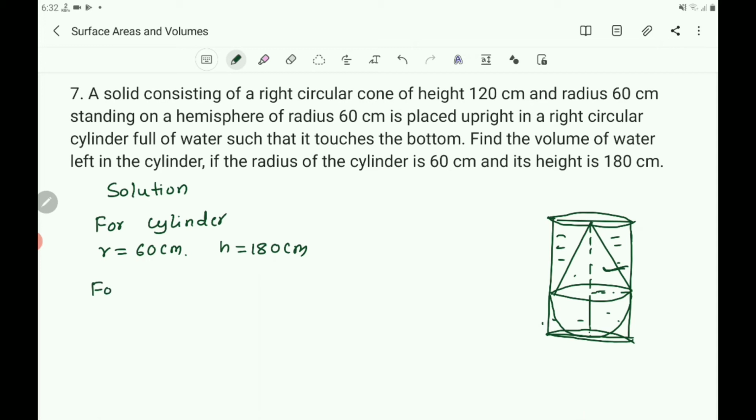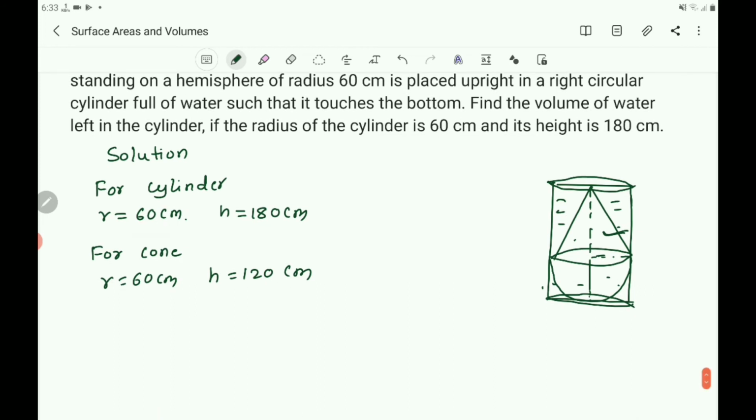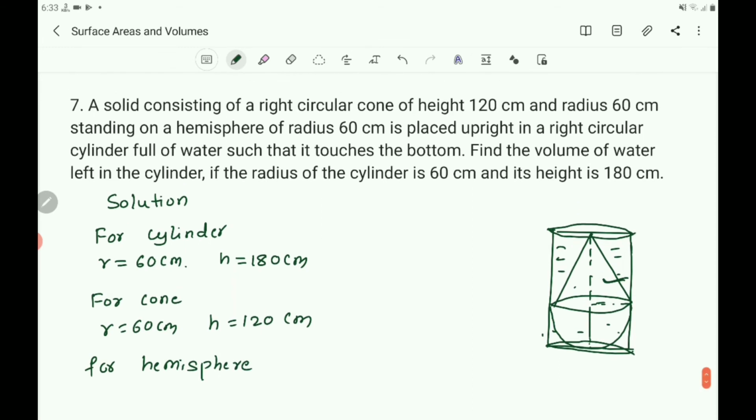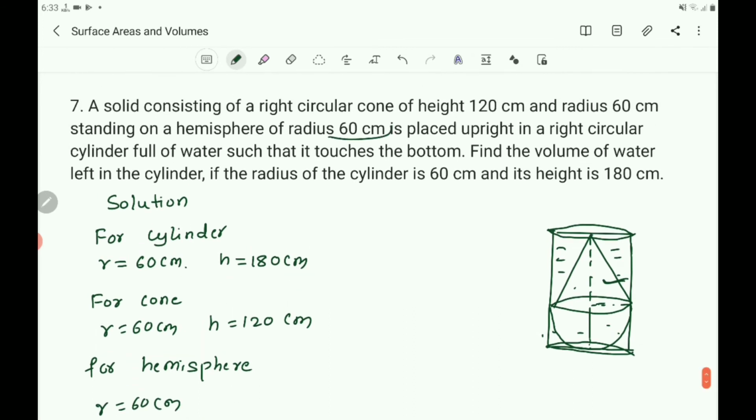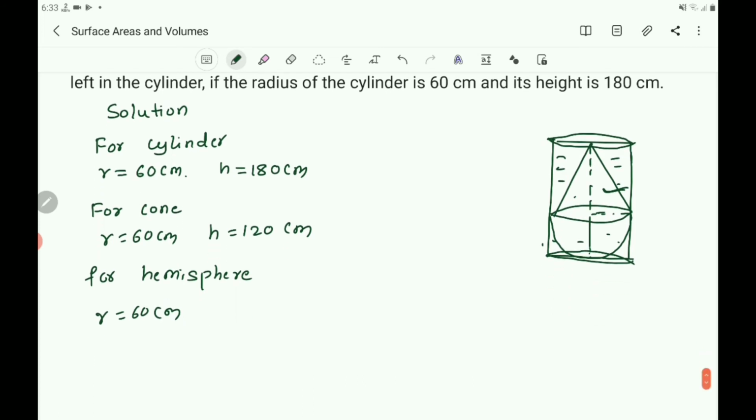And for the cone, R is the same, 60 centimeter, and H is 120 centimeter. For the hemisphere, again the radius is the same, R is equal to 60 centimeter.